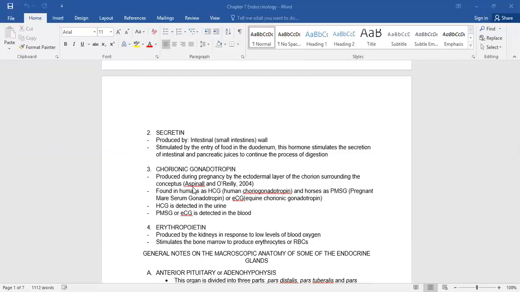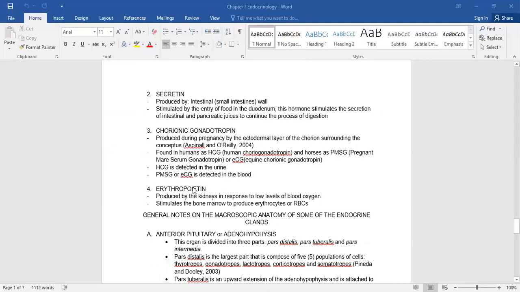And then we have erythropoietin. This is produced by the kidneys in response to low levels of blood oxygen. And it stimulates the bone marrow to produce erythrocytes, or the red blood cells. If the animal has kidney failure, that's most likely 75 to 85% of the kidneys already damaged.